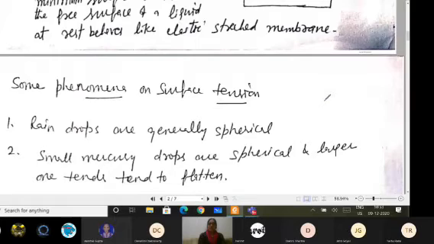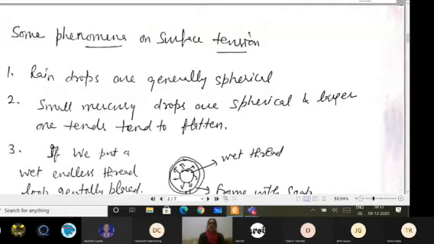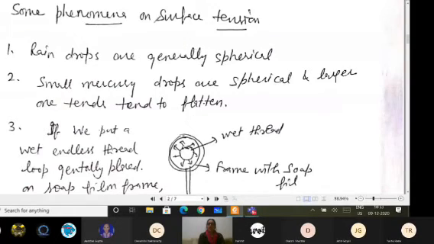So you can write certain phenomena which you observe in your day-to-day life, which can be explained on the basis of surface tension. As I've said, raindrops are generally spherical, again to have the minimum surface area. Similarly, small mercury drops, if you take, they are spherical, while the larger ones tend to flatten because of the weight, because the weight of the mercury is more.